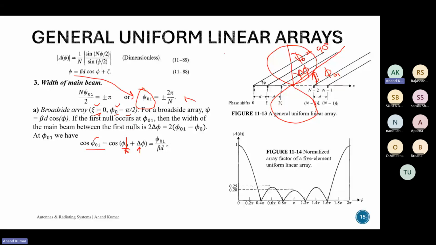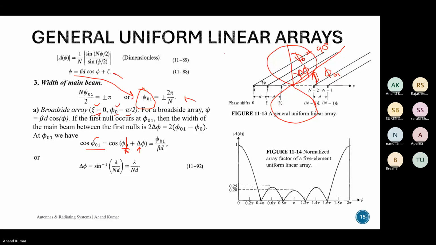We know phi naught is pi by 2, and cos of pi by 2 plus delta phi is essentially minus sine delta phi. We are rearranging this term over here.